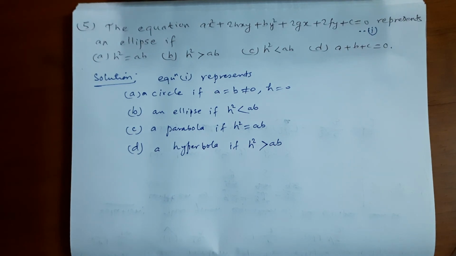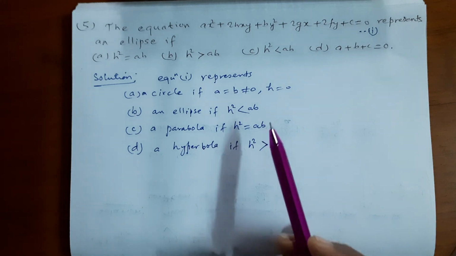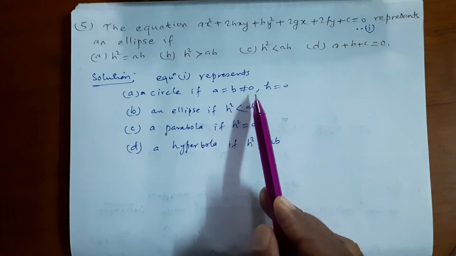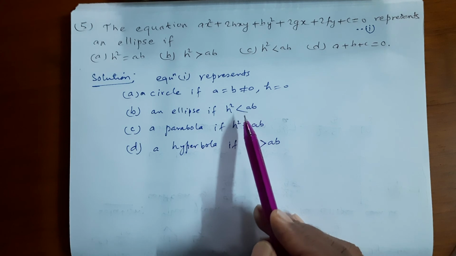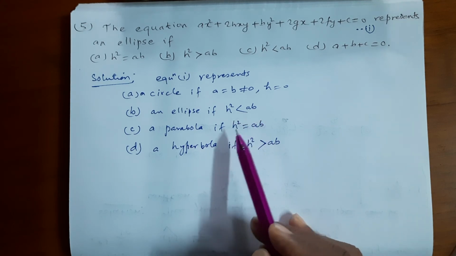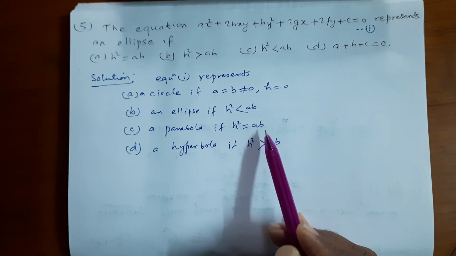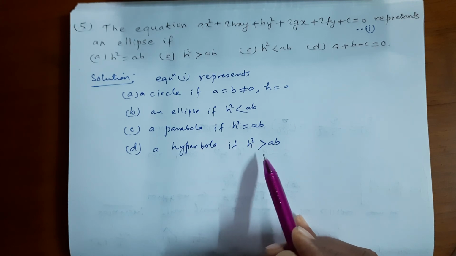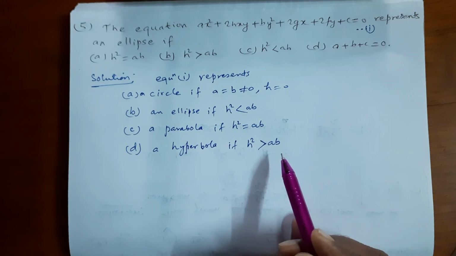So this is the general equation of second degree. Sometimes it represents two straight lines, but if it doesn't represent straight lines, it represents a circle if a equals b not equal to 0 and h equals 0, an ellipse if h square is less than ab, a parabola if h square equals ab, and a hyperbola if h square is bigger than ab.